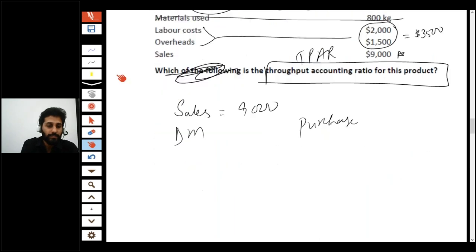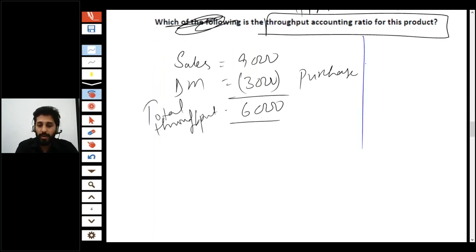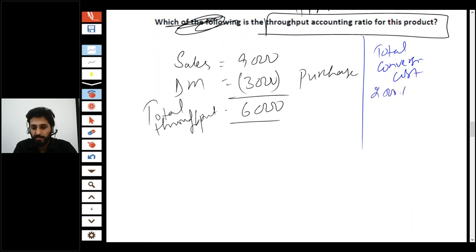That's 3000, and that would be 6000, right? So 6000 would be the total throughput. And now I will have the total conversion cost, that would be $3,500, right?